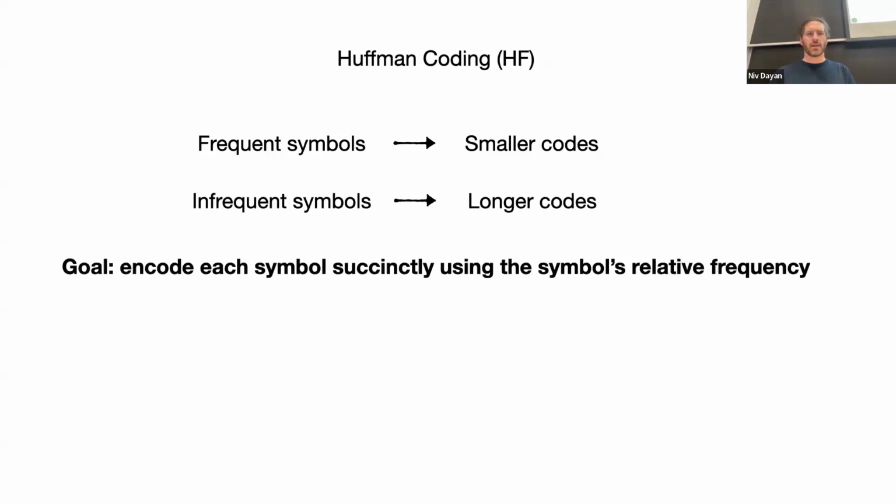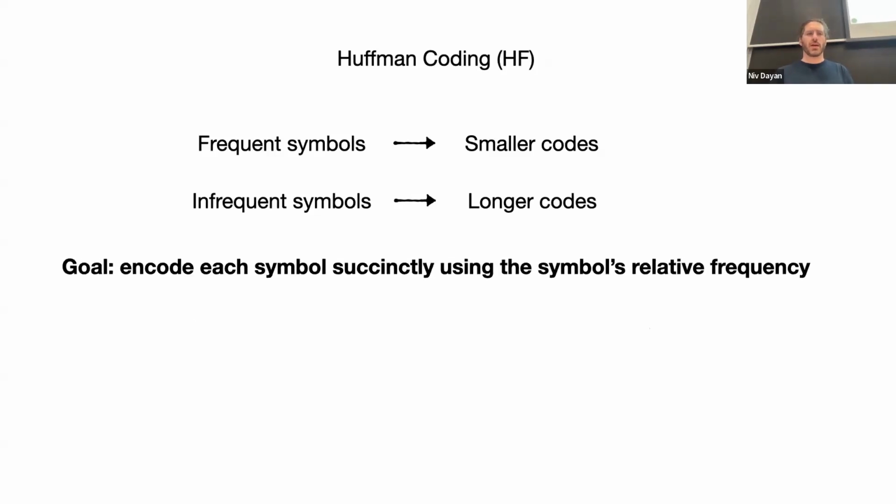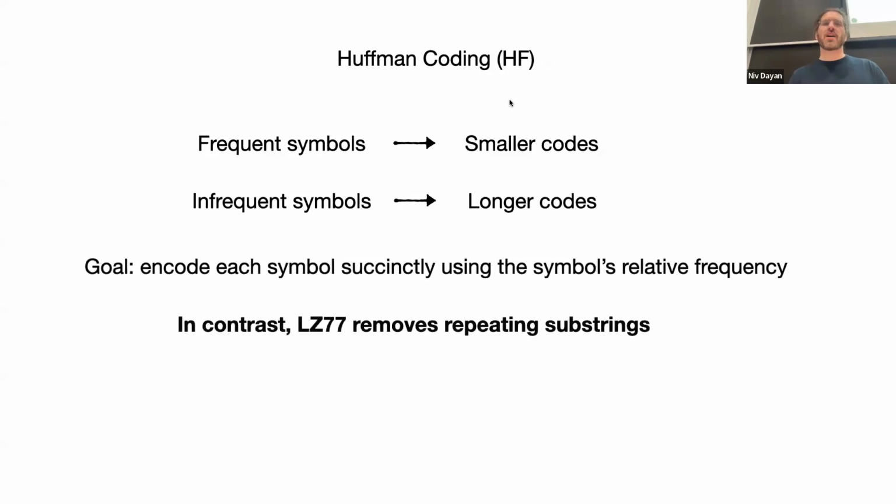Okay. And the nature of these two different algorithms, Huffman coding versus LZ77, they're kind of different. With Huffman coding, we're encoding each symbol as succinctly as possible, using that symbol's relative frequency in the whole stream. And with LZ77, we're just eliminating repeating substrings. So in some sense, these algorithms are orthogonal to each other.